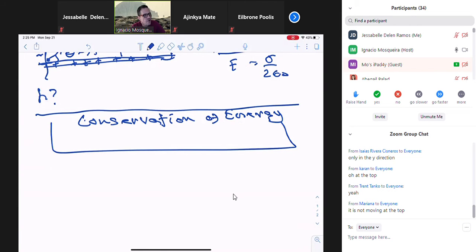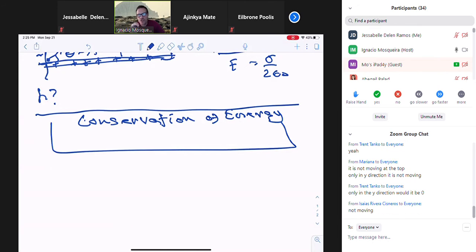Isaiah says only. So Isaiah, are you saying only in the y direction it is moving, or only in the y direction it is not moving at the top? Somebody just write down clearly what is the condition of the speed at the top. Only in the y direction it is not moving.